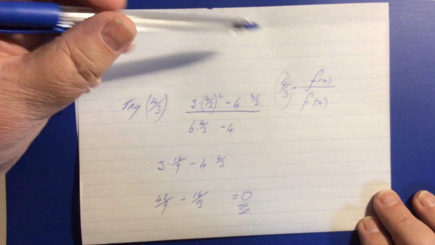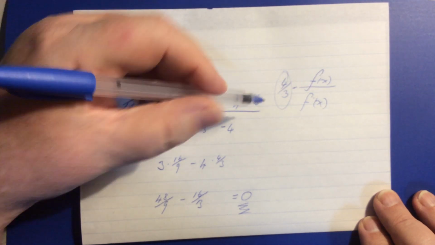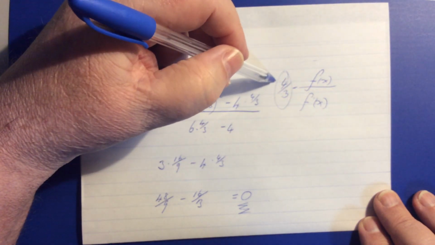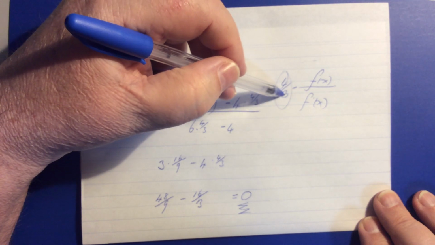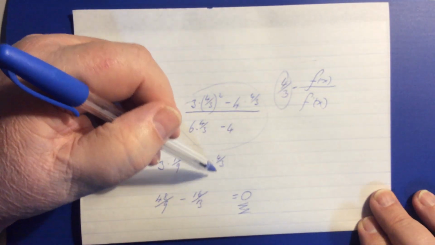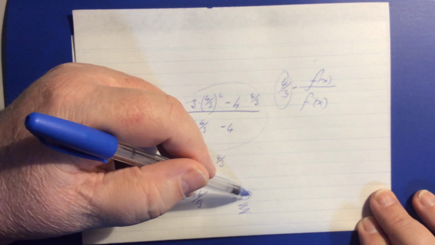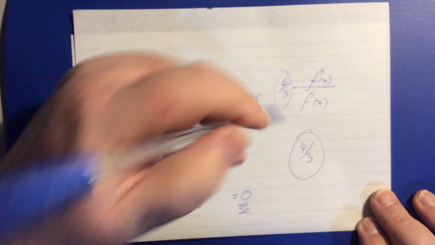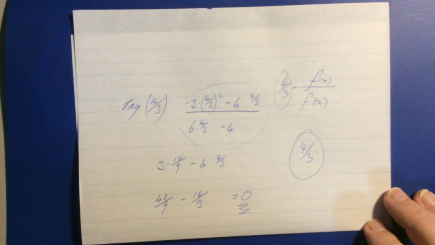Which means that because this was x, our operation actually looks like 4 over 3 minus 0, which will give us 4 over 3, which we know to be one of the solutions. Now, nothing ever works out as beautifully as that. What you're usually faced with is a whole series of numbers.